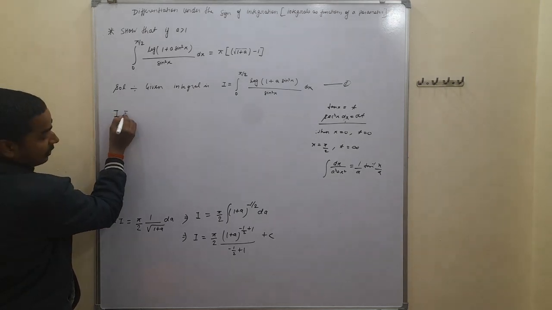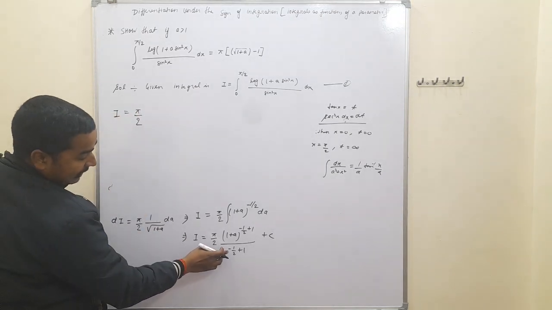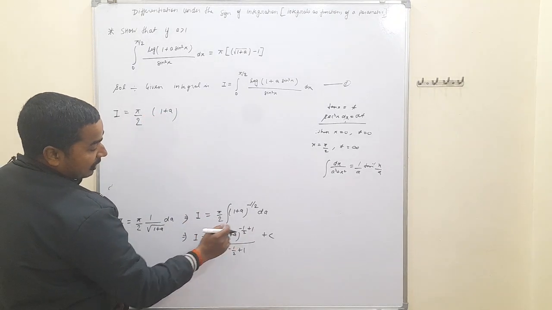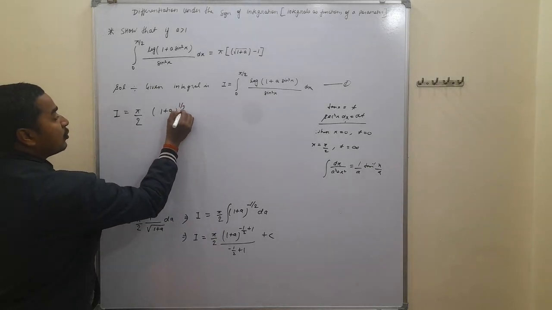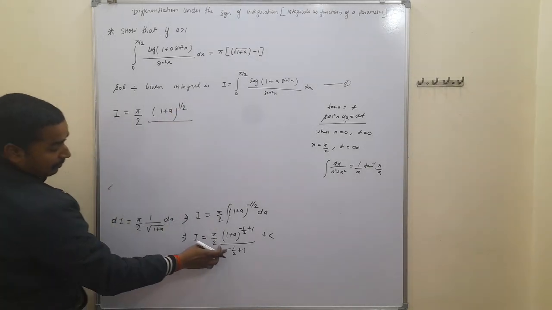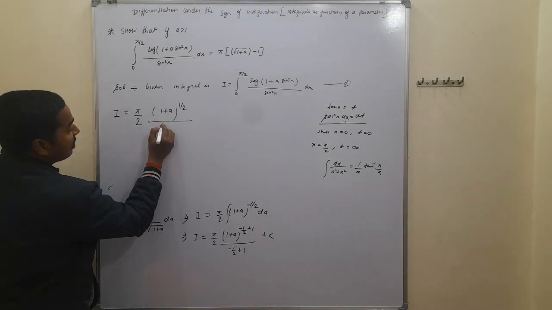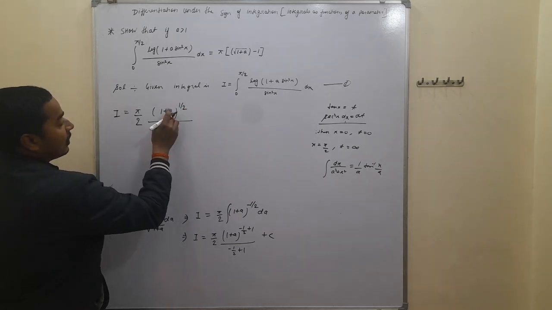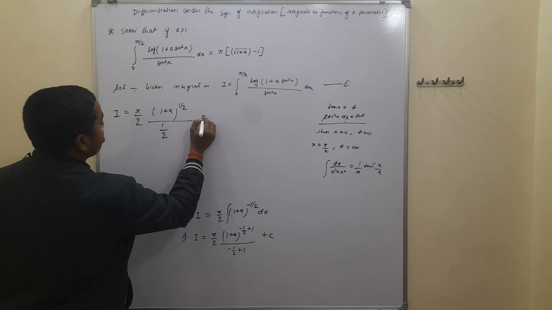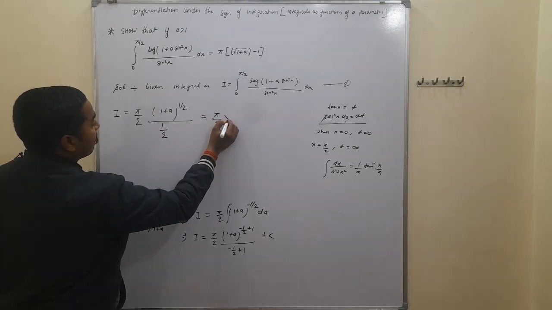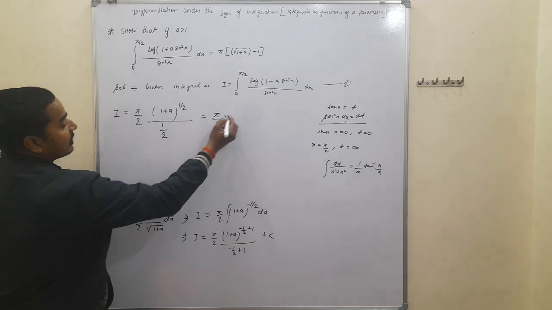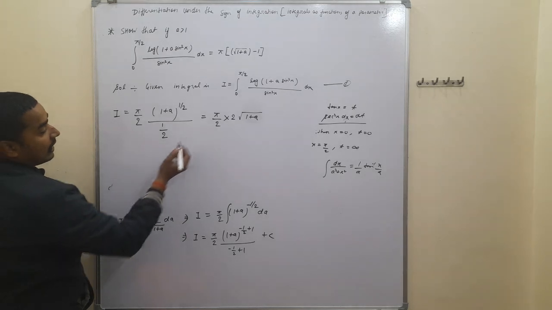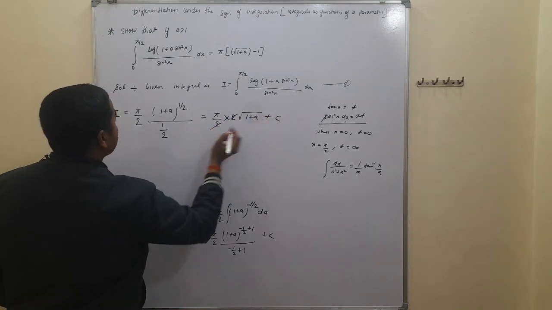That is I is equal to pi by 2, and here 1 plus a to the power minus 1 by 2 plus 1 is 1 by 2, upon minus 1 by 2 plus 1, which is 1 by 2. Further, taking 1 by 2 into the denominator, that is pi by 2 times 2 under root of 1 plus a, and 2 and 2 cancel out, and c is already present.